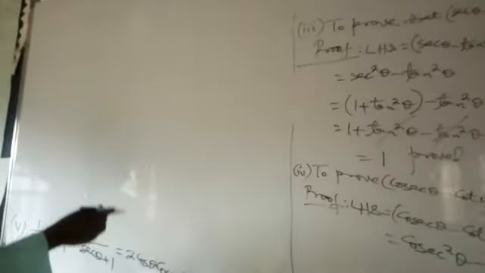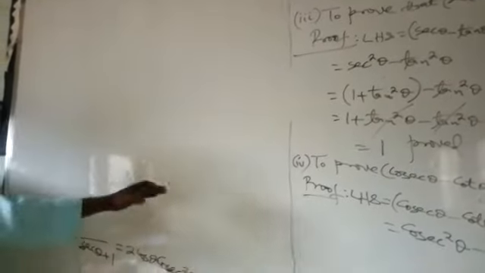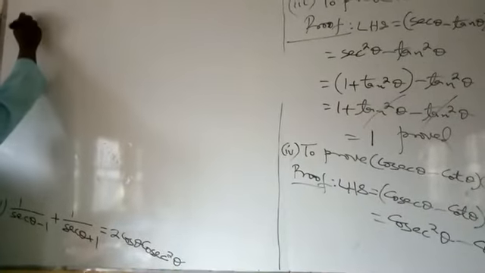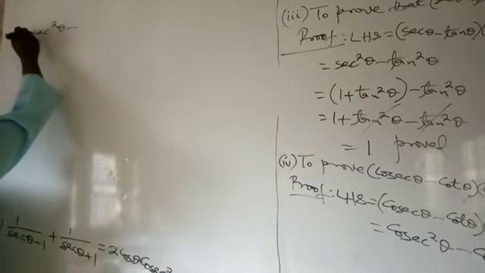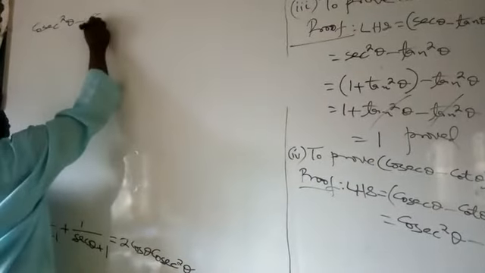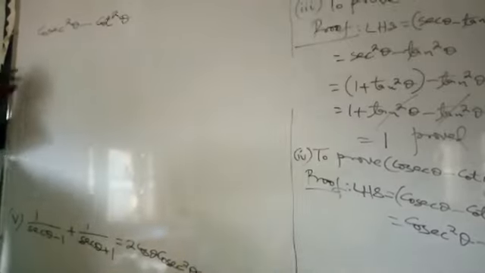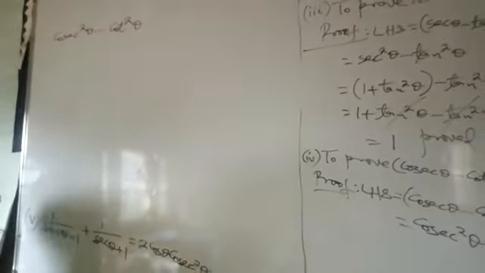Just for avoidance of doubt, let me repeat that line. Cosec square theta minus cot square theta. So from my formula, the 4 trigonometrical formula, this cosec square theta is equals to 1 plus cot square theta.